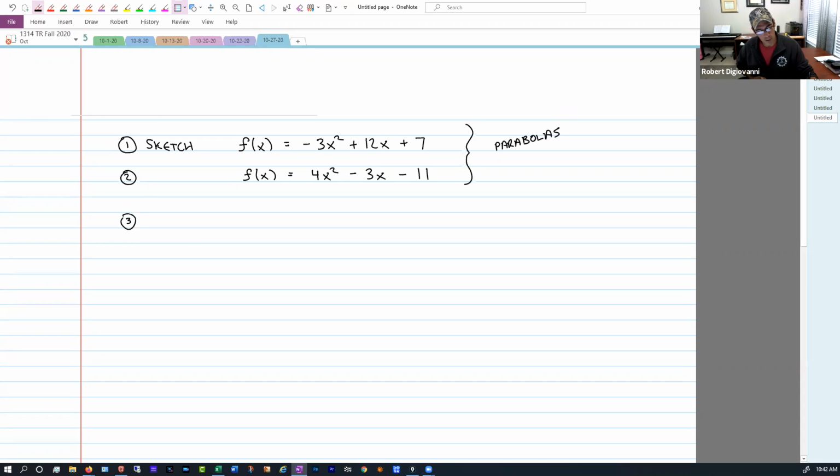The next one, now we're to polynomial functions. So something like x to the 5th minus 7x to the 4th minus 8x cubed.